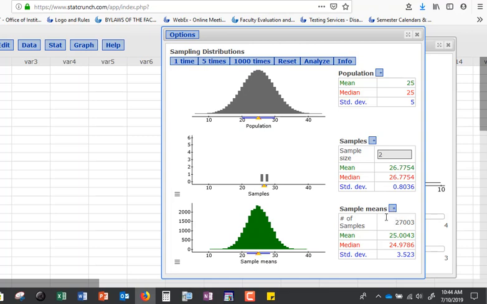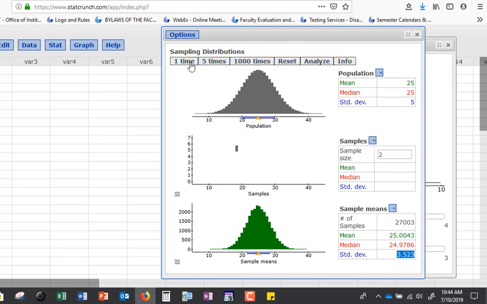We'll talk about the formulas in a second, but the central limit theorem tells us that the mean of your population is going to be fairly close, fairly equal, to the mean of this sampling distribution. The standard deviation of the population is always going to be wider, larger, bigger than the standard deviation of the sampling distribution.